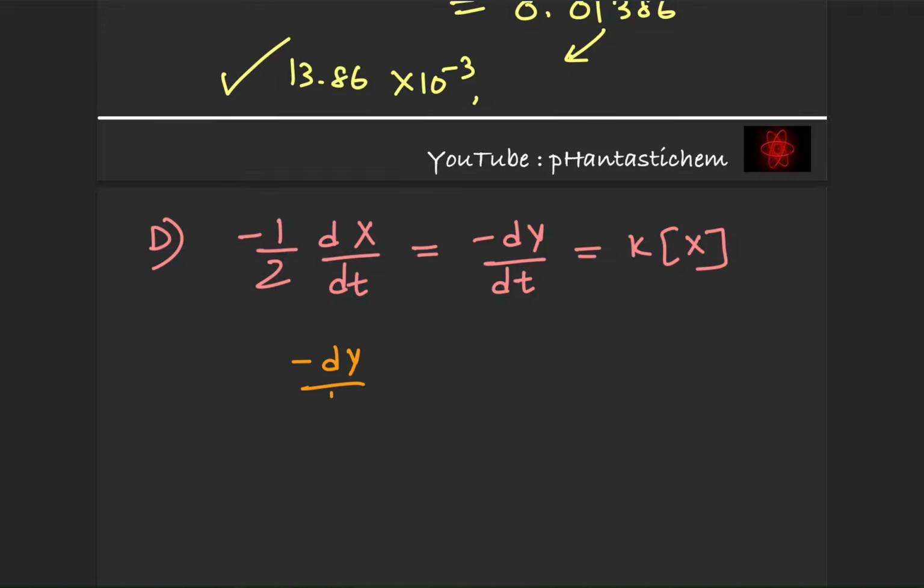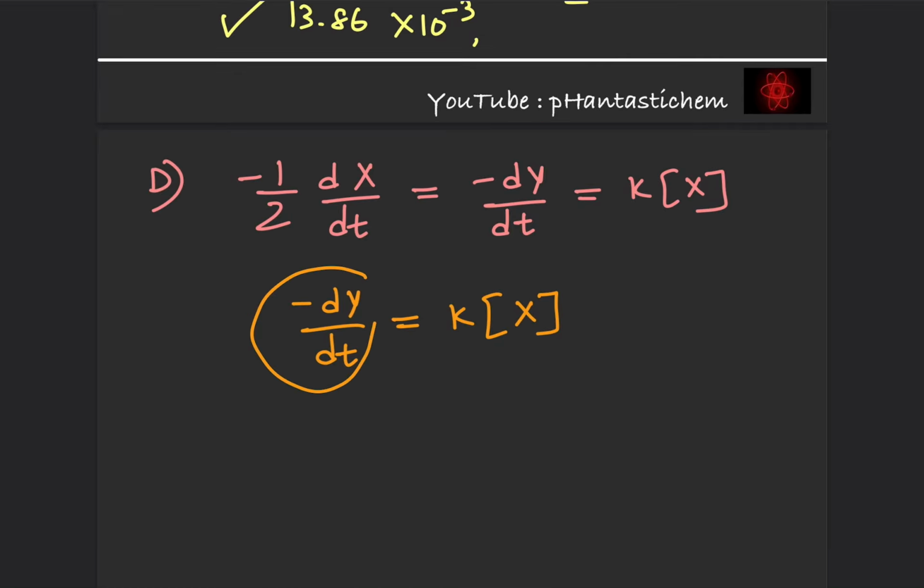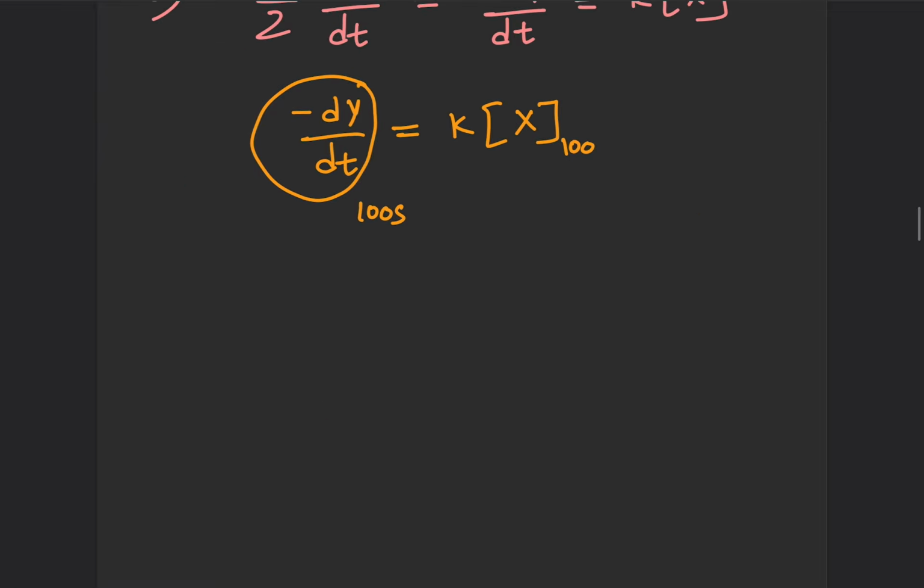Or we can say that minus dy by dt is equal to k into concentration of X. In the question, we are supposed to calculate this at 100 second. And to calculate minus dy by dt at 100 second, we have to know the concentration of X at 100 second. That is very important.